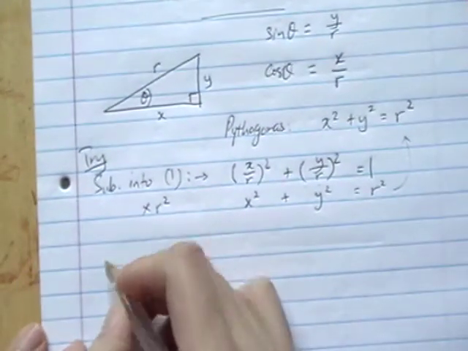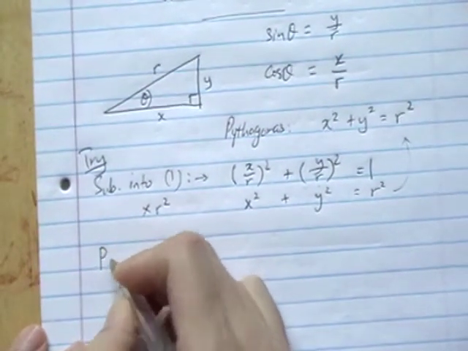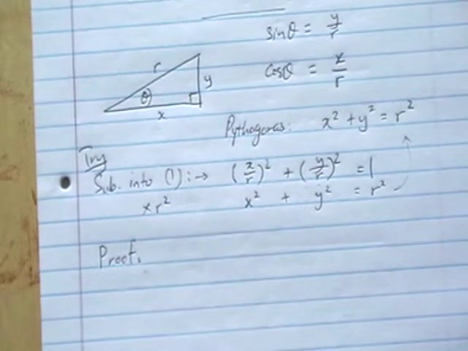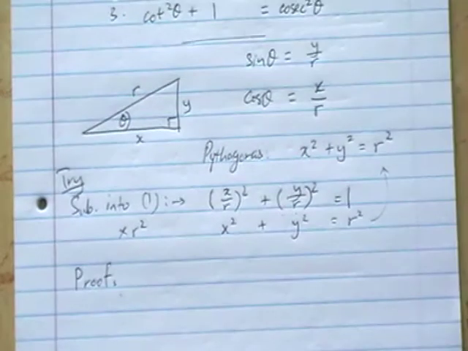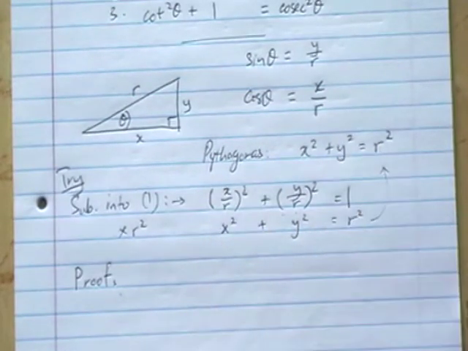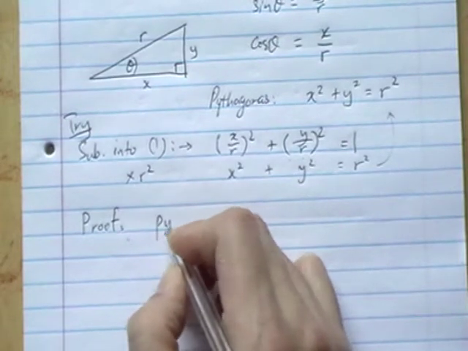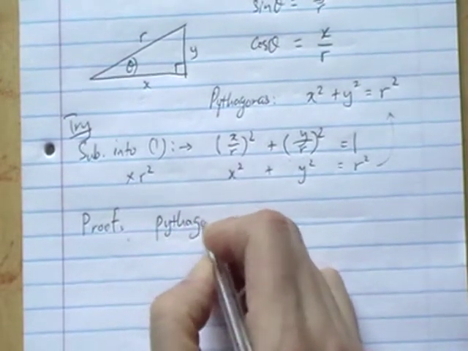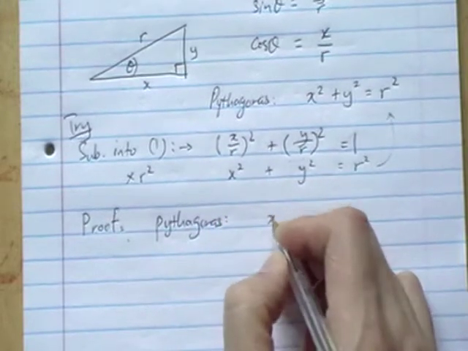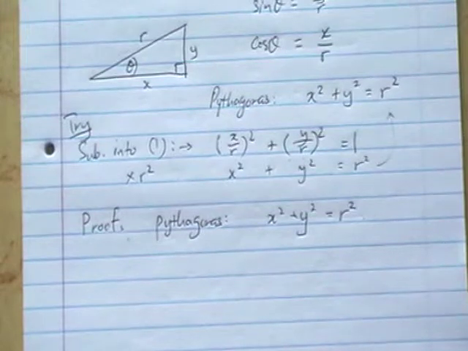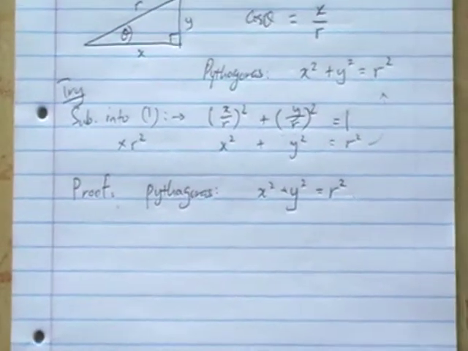Now I want to write down the actual proof starting from definitions. I would say, from the Pythagoras theorem, we quote that x squared plus y squared, starting from something that we know to be true.